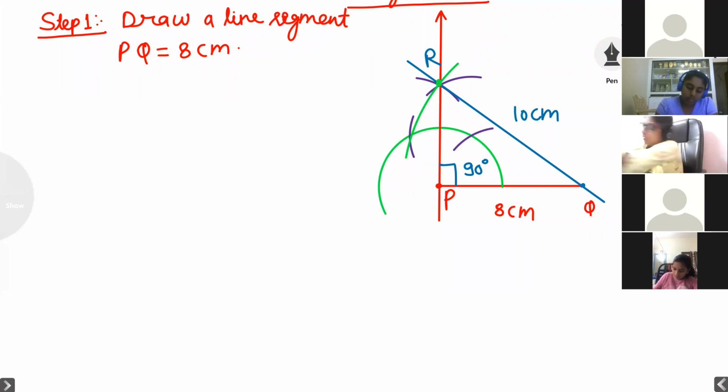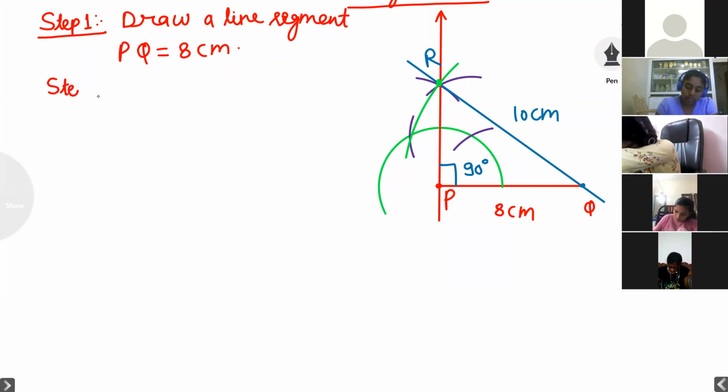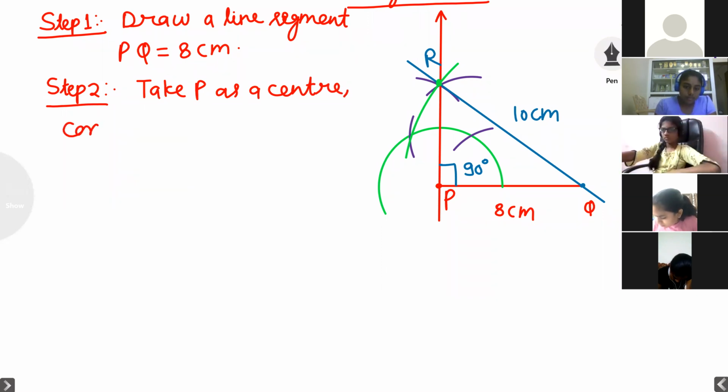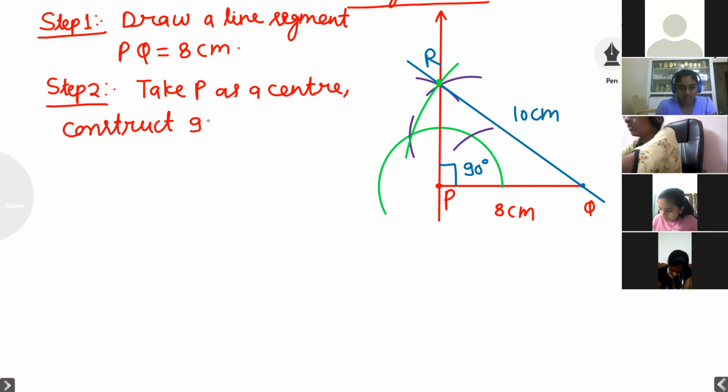Step 2: Take P as a center, construct 90-degree angle.